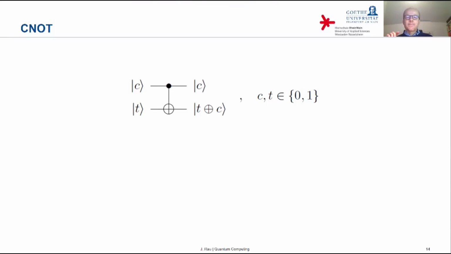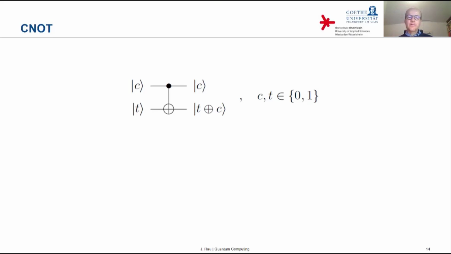So if the control qubit is in the basis state 0, then the control qubit itself remains unchanged, and the target qubit has the output state T plus C mod 2, so that's T plus 0, which is still T. So then the target qubit state doesn't change either.